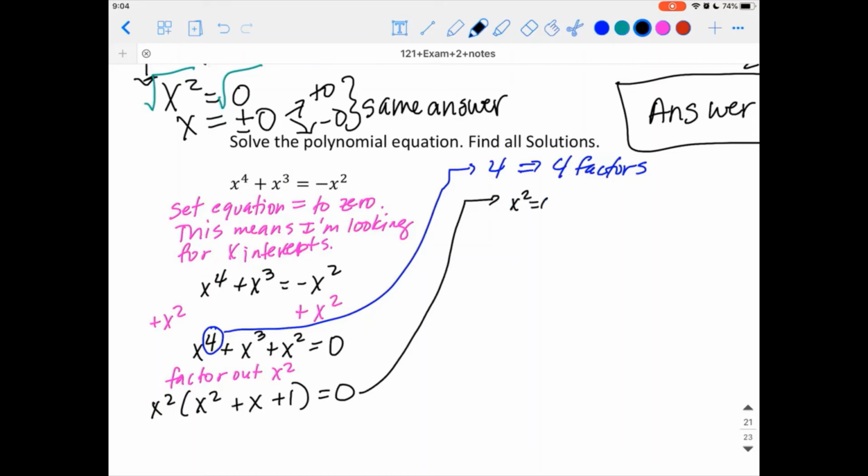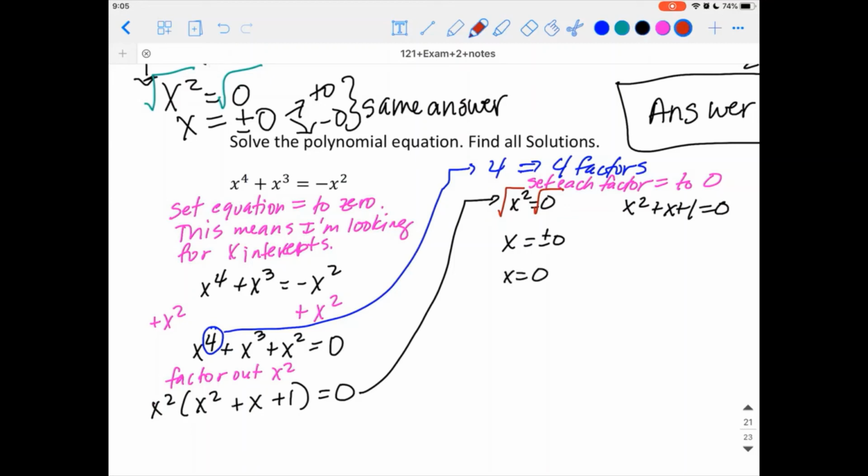We're going to set each factor equal to 0. For this one right here, I can take the square root of both sides, and I get x is equal to technically plus or minus 0, which is just x equal to 0.